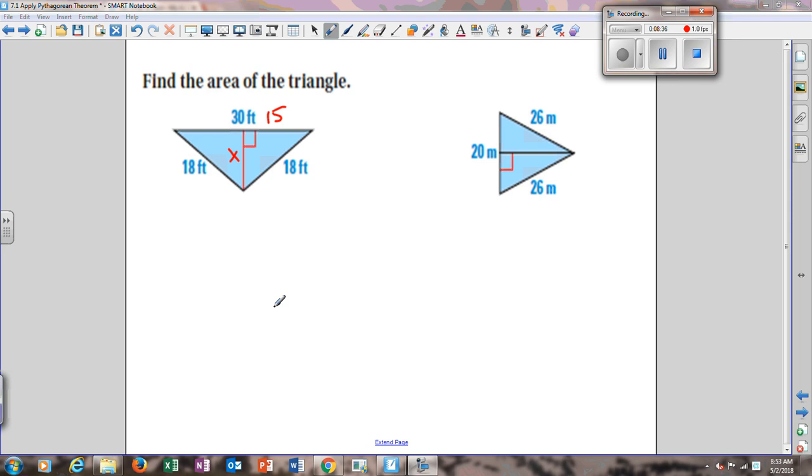So then we do 15 squared plus x squared equals 18 squared. So that gives us 225 plus x squared equals 324.